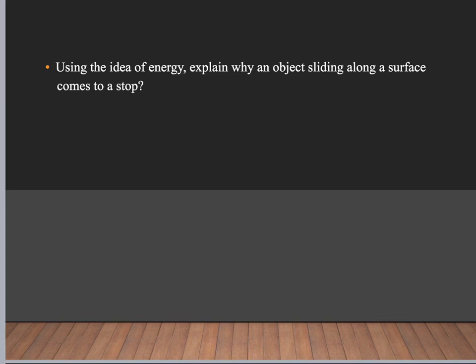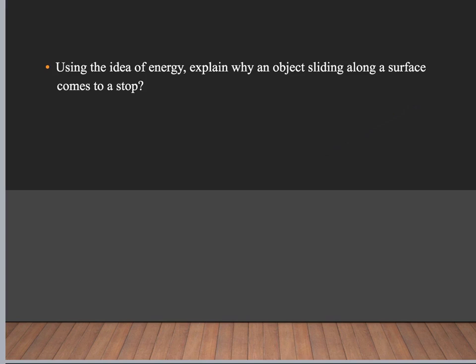All right, so after solving that problem, we wanted to be able to explain why an object that is sliding along a surface comes to a stop, but using energy. So the simple statement is that the surface and block friction is going to generate heat. That heat is going to remove the mechanical energy from the system.